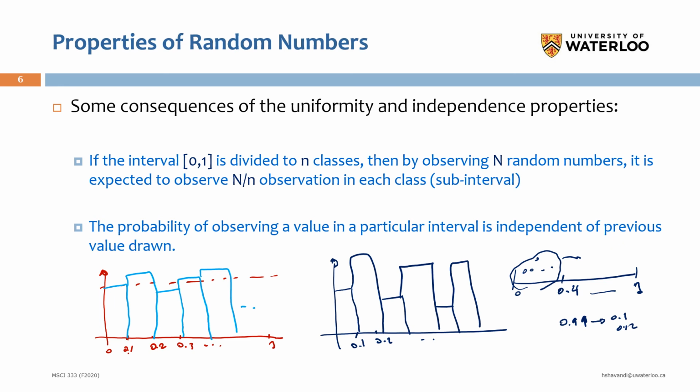And again we have a test method to test whether that random number generator method has the independence property. We'll see these test methods in chapter 7.